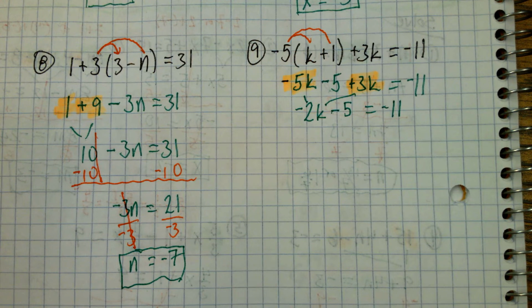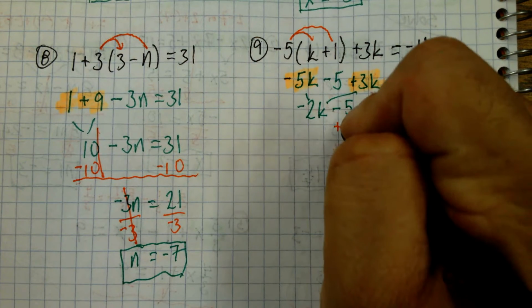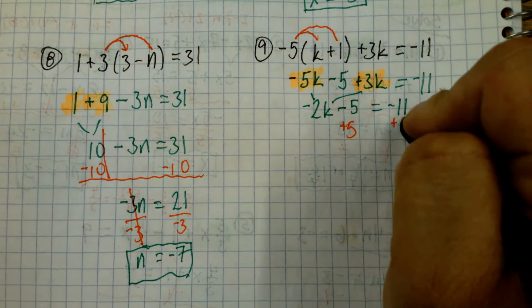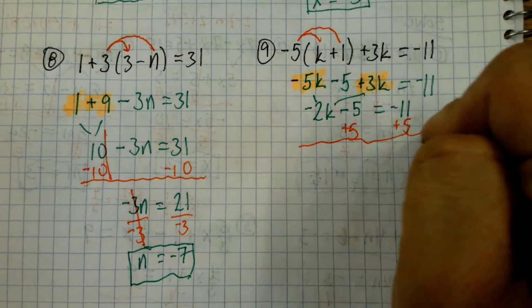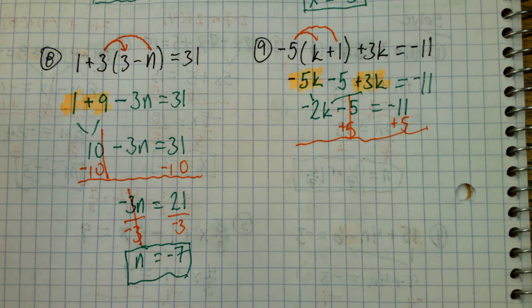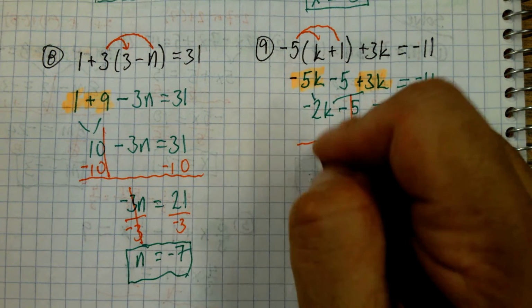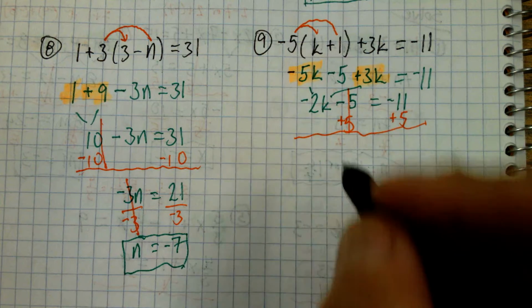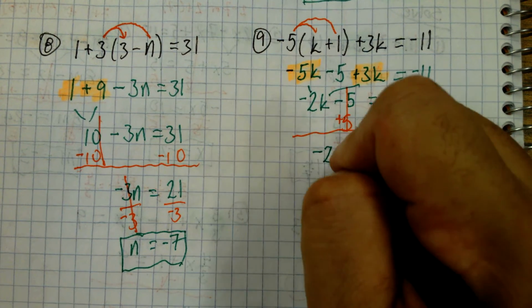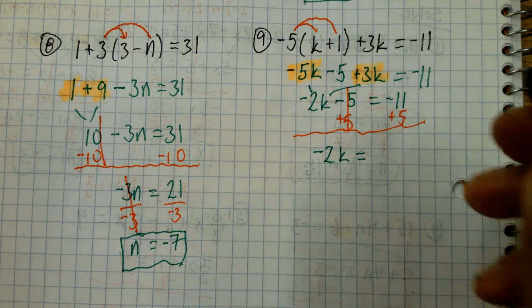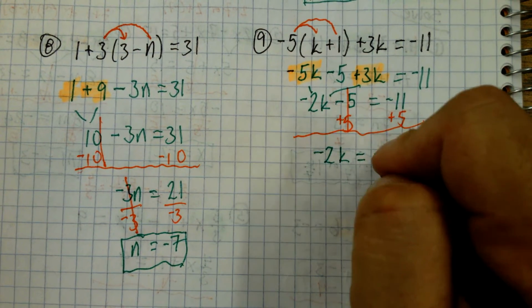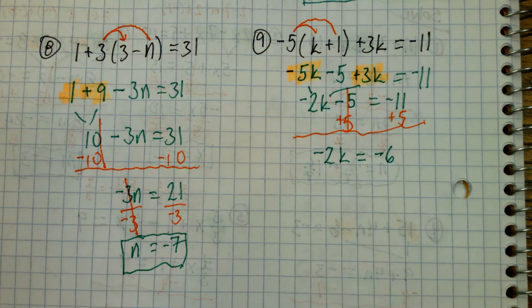Okay, so now we're back down to a 2-step equation. Get rid of that minus 5. So let's add a 5 here, add a 5 here. Okay, and we have negative 2k. I didn't touch it, so negative 11 and 5 is going to be negative 6.